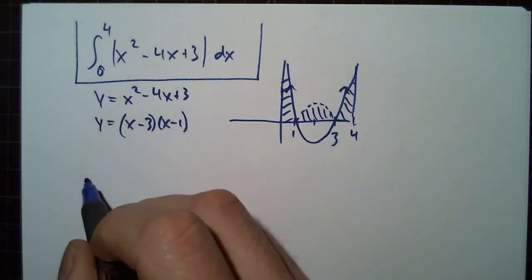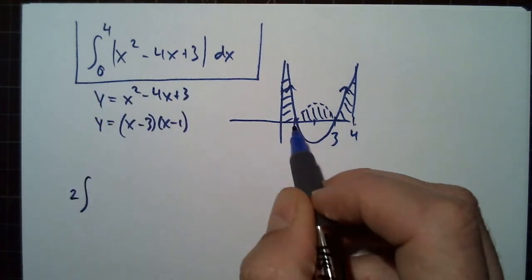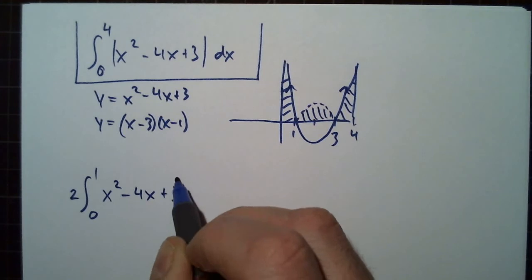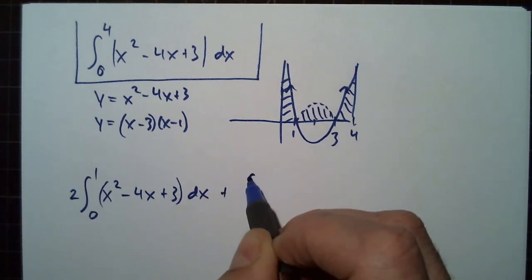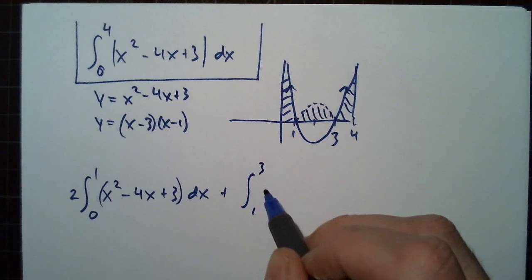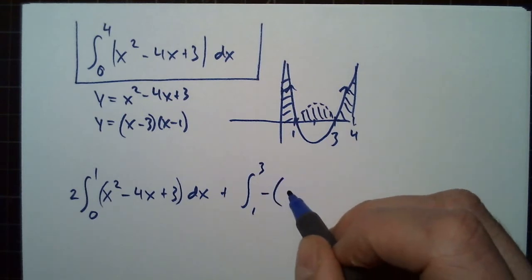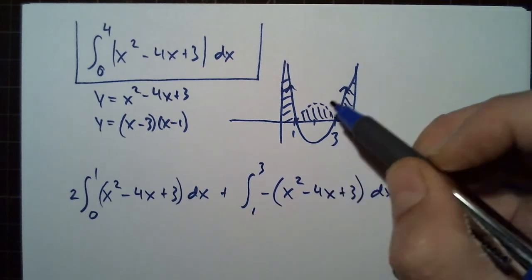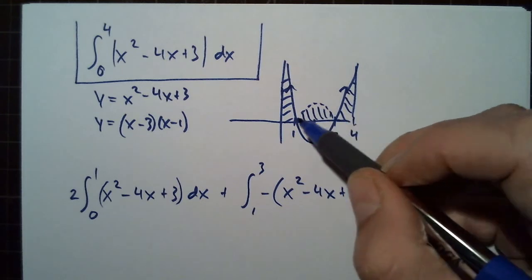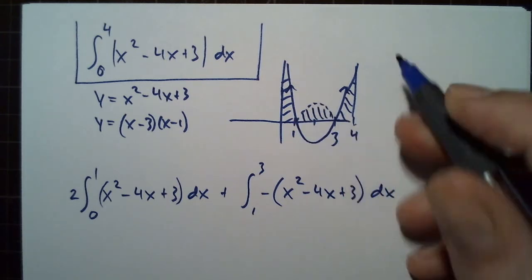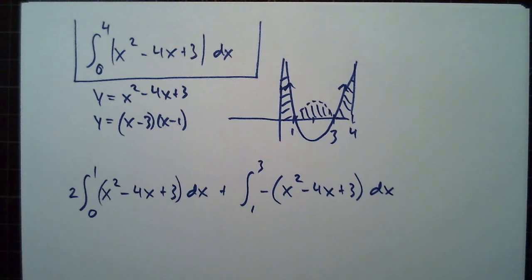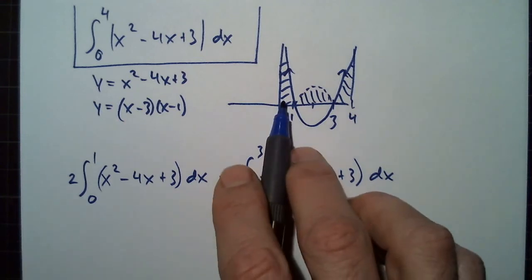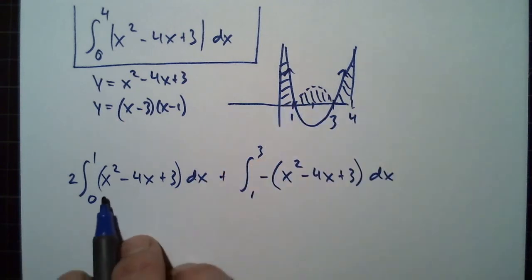Alright, so that is going to be the integral from 0 to 1 of the original function plus the integral from 1 to 3 of the negative of the original function. So we're just using the negative because the original function is down here. We want it to reflect to go up there. Okay, and we have 2 here because of this region being equal to that region, so we can just do that once.